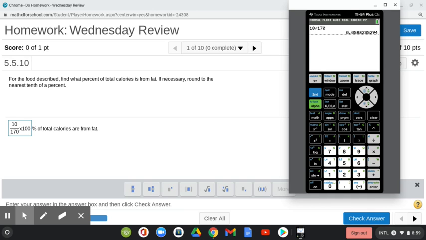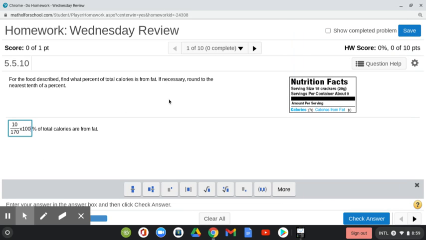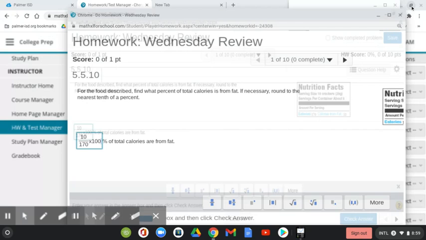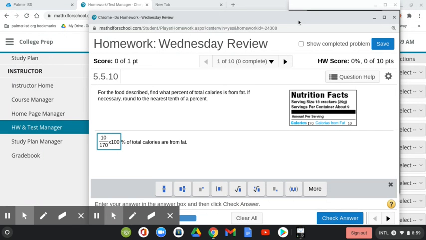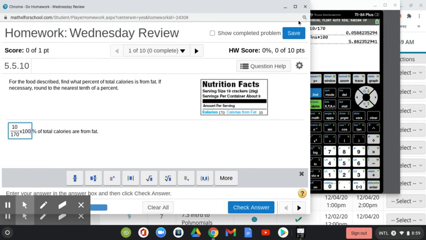The only problem is sometimes the numbers are stuck. I don't know if it's a translation or maybe I'm just not hitting my numbers right. But anyway, I've got 5.88 and it says round to the nearest tenth of a percent, so I've got 5.9%.